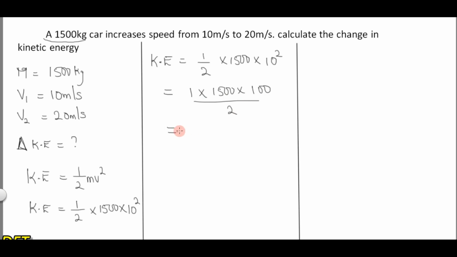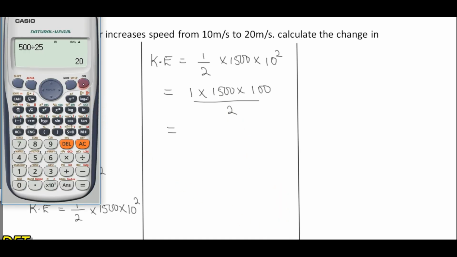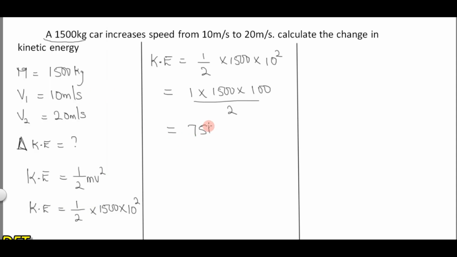So this will be equal to 1500 times 100 divided by 2, which is 75,000. So that will give me 75,000 joules.